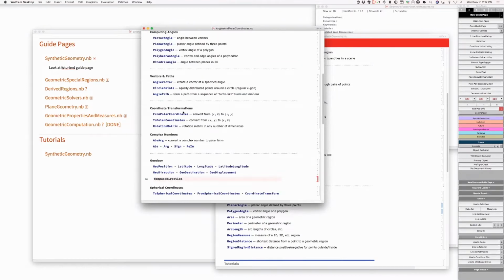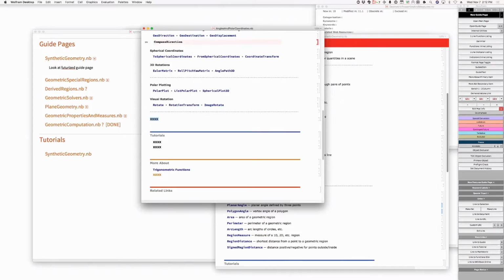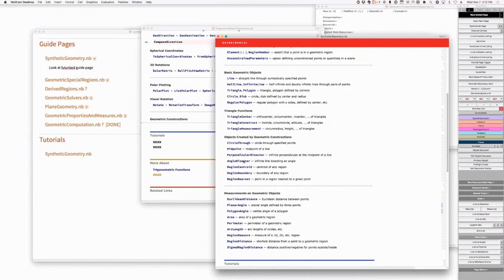Okay, so now we need to have synthetic geometry, or geometric constructions, actually. And there we need to have angle bisector. I think angle bisector is the only one.